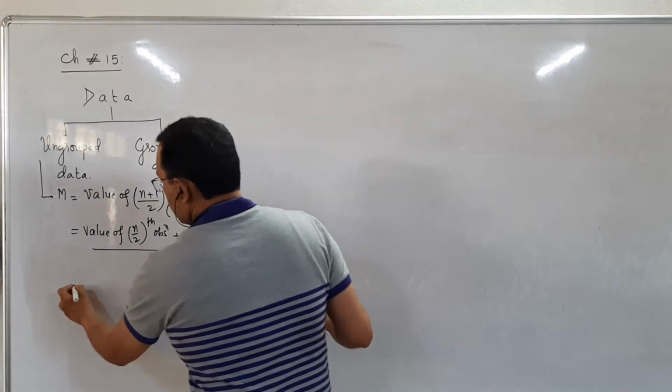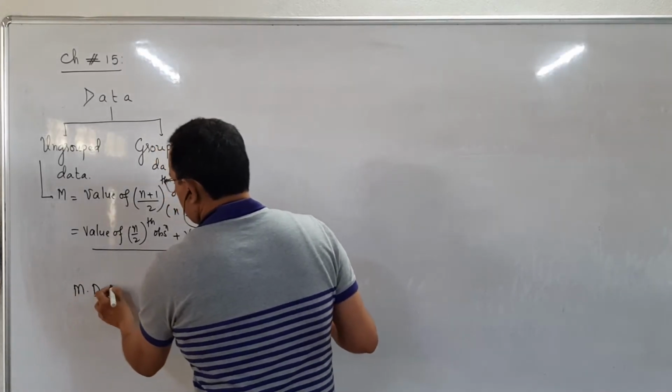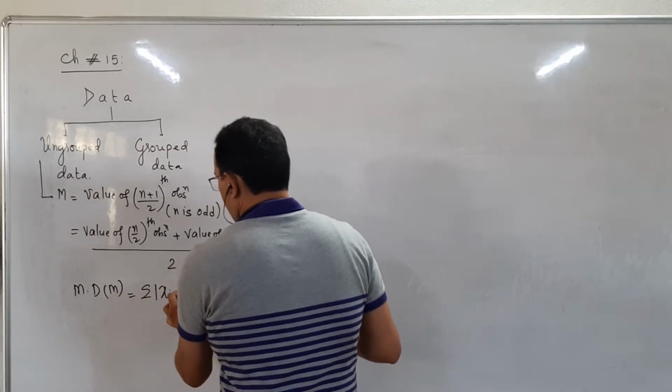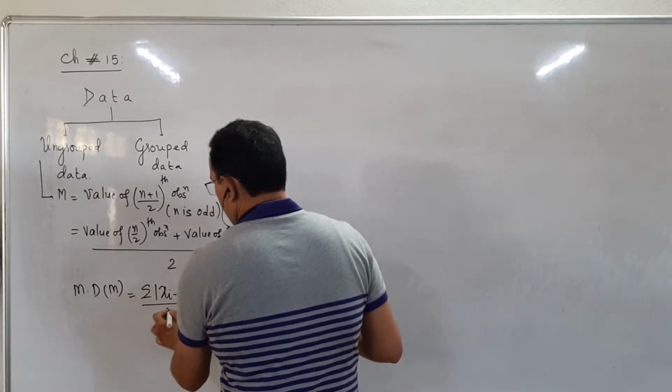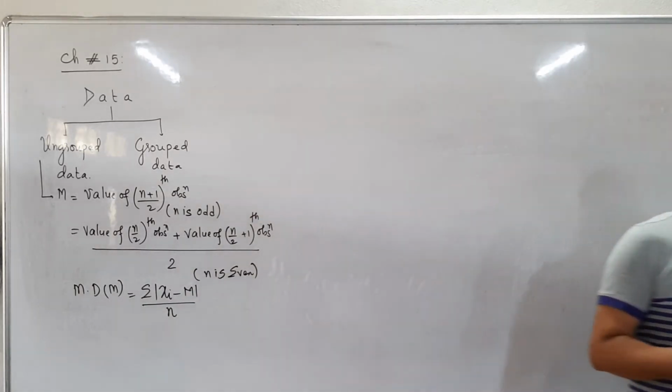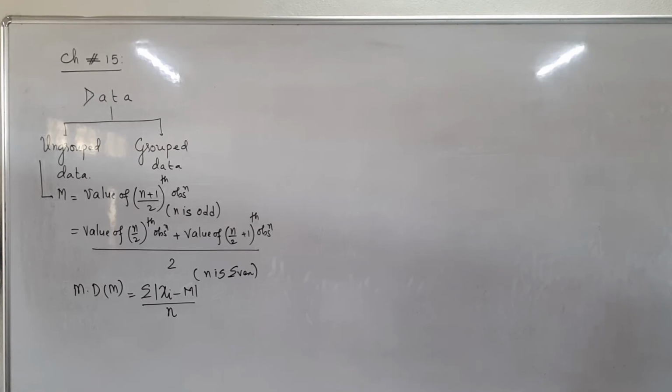And finally, mean deviation with respect to median will be sigma mod xi minus M upon n, where n is nothing but the number of given observations.